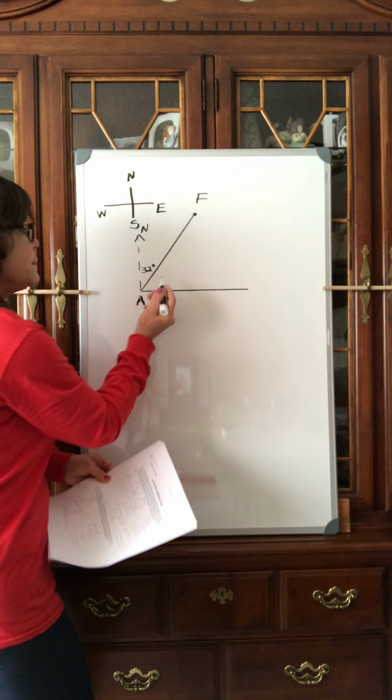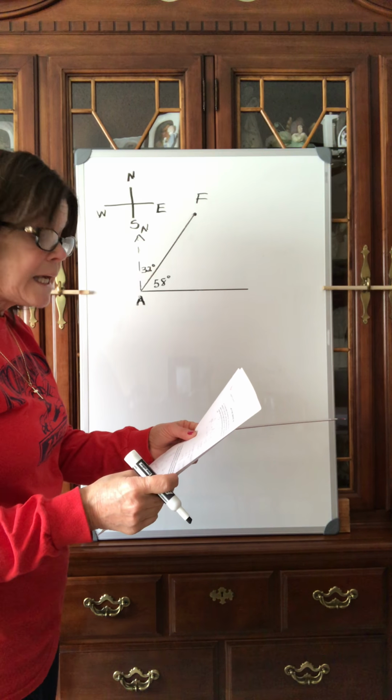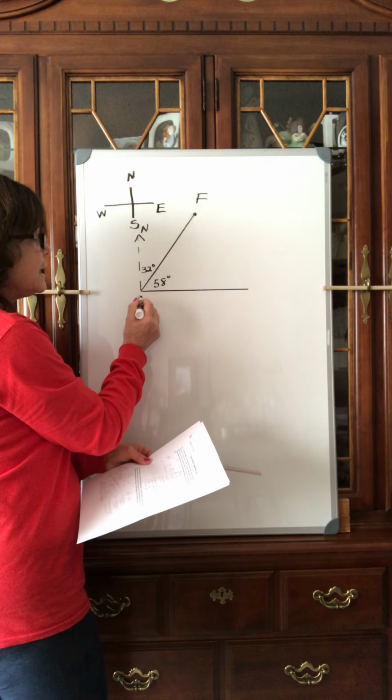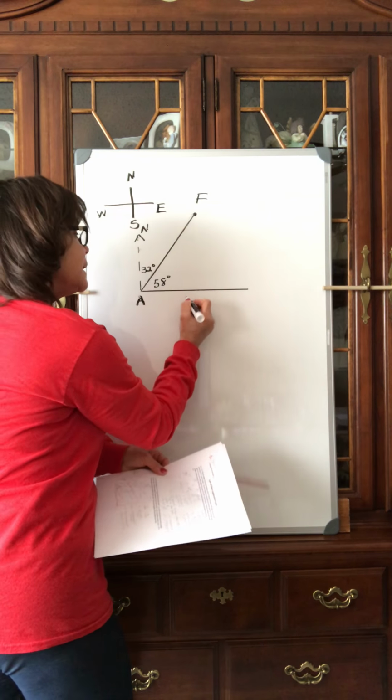Another ranger at observation point B, 10 miles due east of A on the road. So here is A, 10 miles due east, we have observation point B, who sights the same fire 48 degrees west of north.